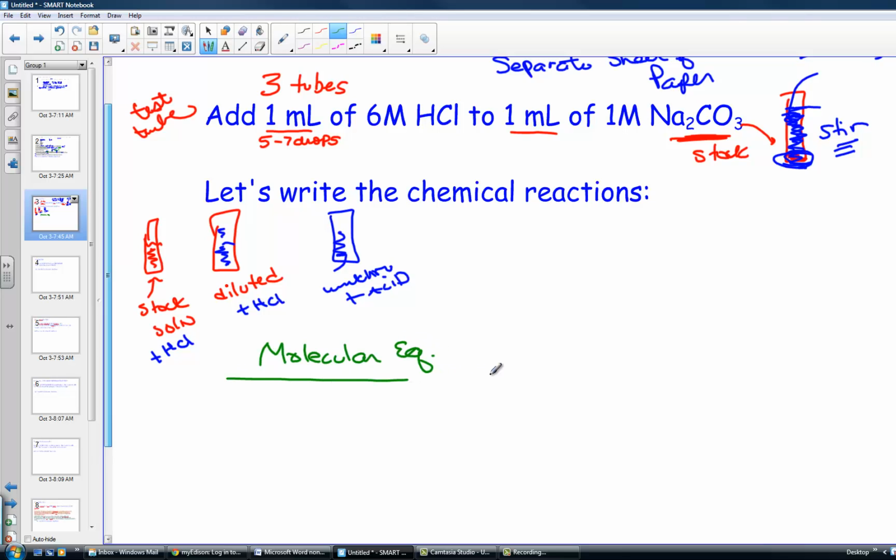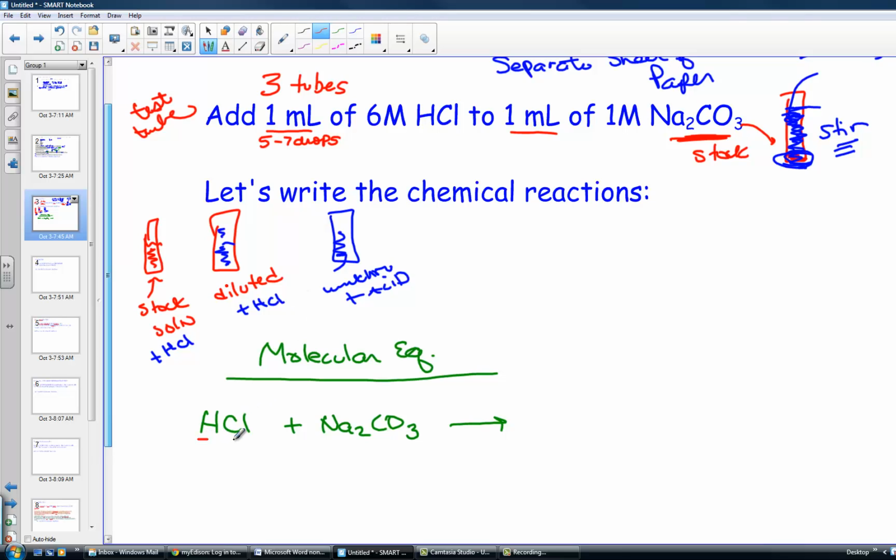In the molecular equation for the carbonate, label this on your paper. This is the carbonate test, the molecular equation. The reactant of HCl, aqueous, with the reactant of sodium carbonate, aqueous. Think about the pattern of chemical change.